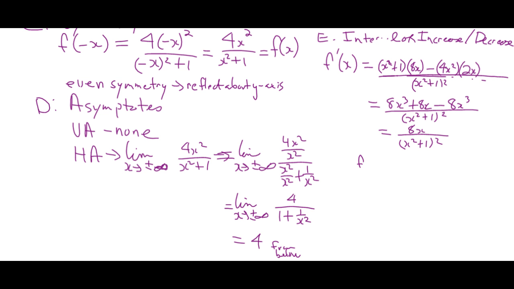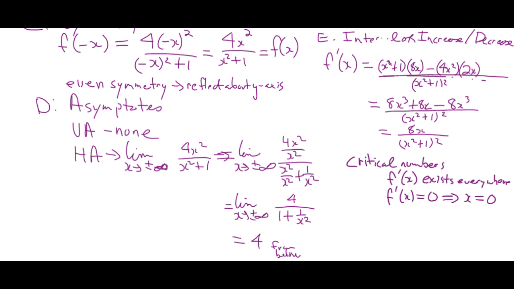Critical numbers: f prime of x exists everywhere, and f prime of x equals 0 when x equals 0.